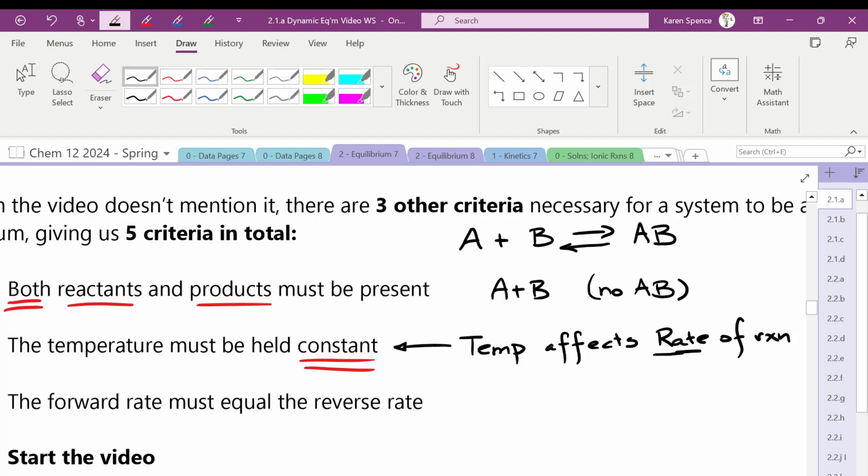It affects an endothermic reaction and an exothermic reaction by different amounts. So it will speed up one more than the other, okay? Temperature affects endothermic reactions more than exothermic reactions.